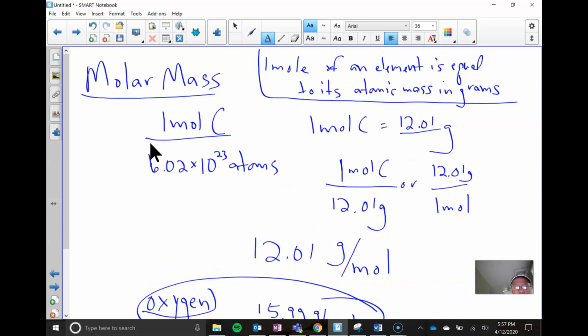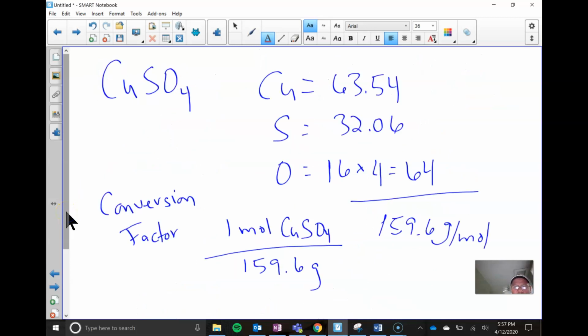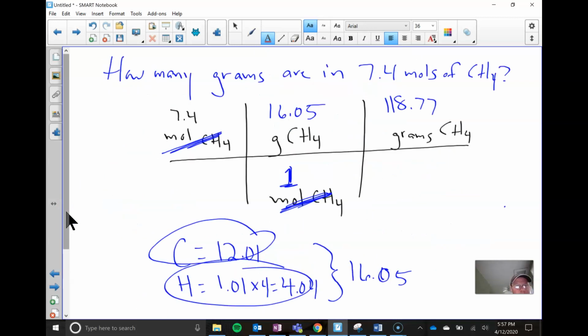Then we moved on to molar mass, where we started incorporating grams, and we got that information from the periodic table. And I made the point that anytime we are converting moles to grams or grams to moles, we don't use Avogadro's number in that single conversion.